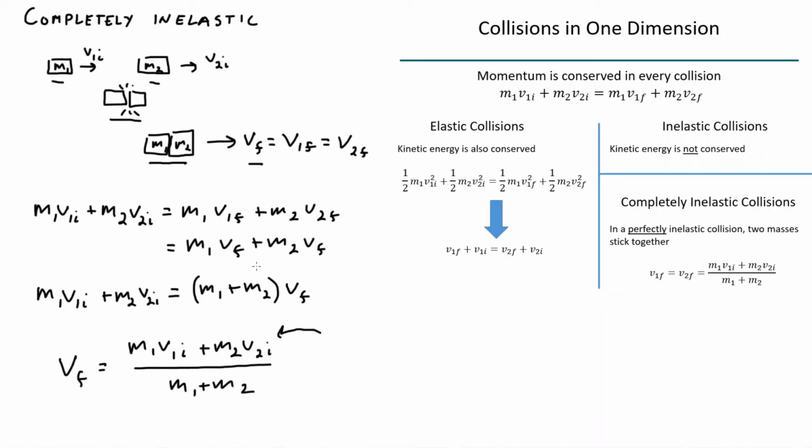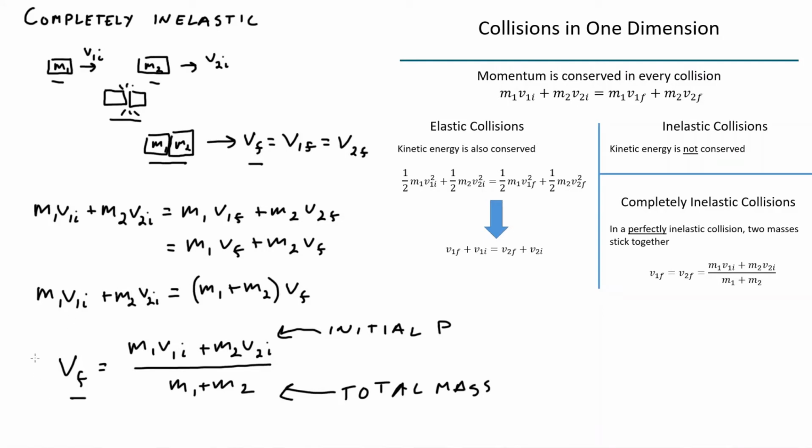So on the top here, this is just the initial momentum of the system, initial p. And on the bottom here, this is just the total mass of the system. So to find the final velocity of these two masses after they've stuck together, I just divide the initial momentum of the system by the total mass of the system to find this v final.